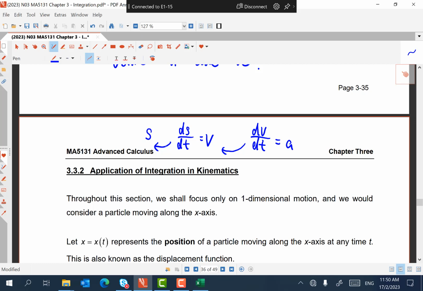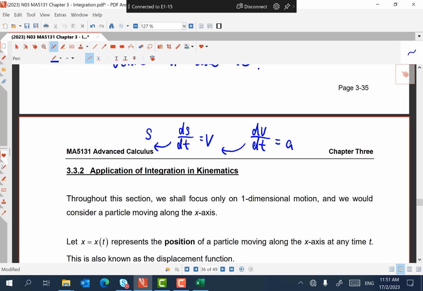Let me test you. I am sure you know what displacement is, but I want to ask you this question. Shemaya, what is the definition of displacement? It is called the distance in a specified direction.